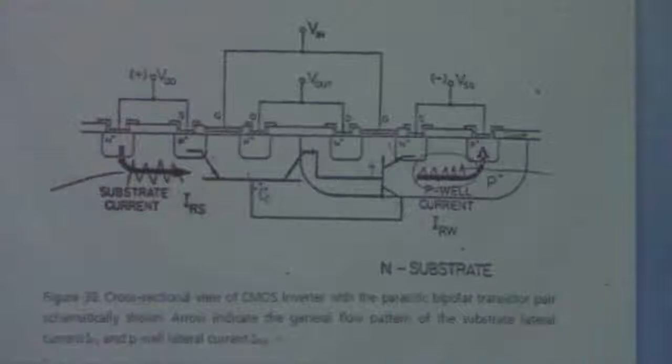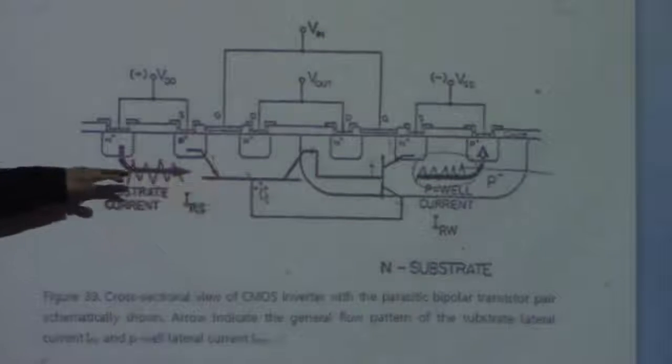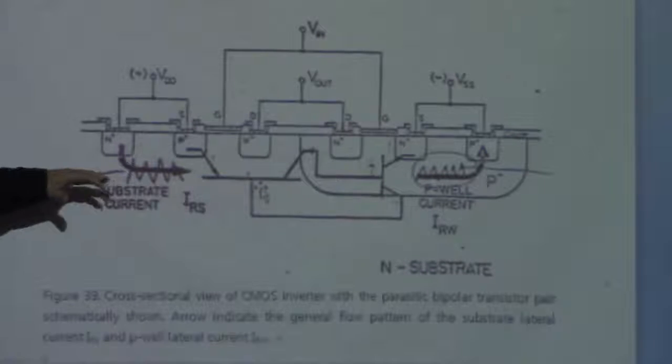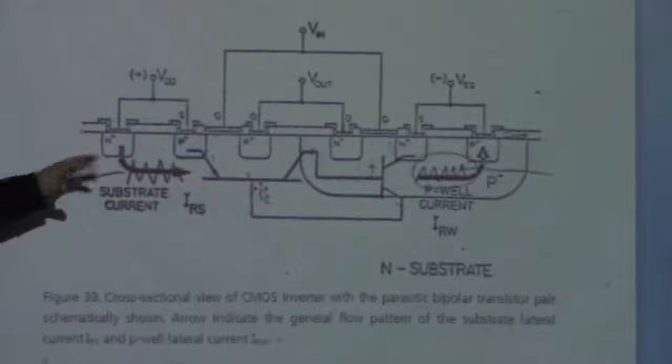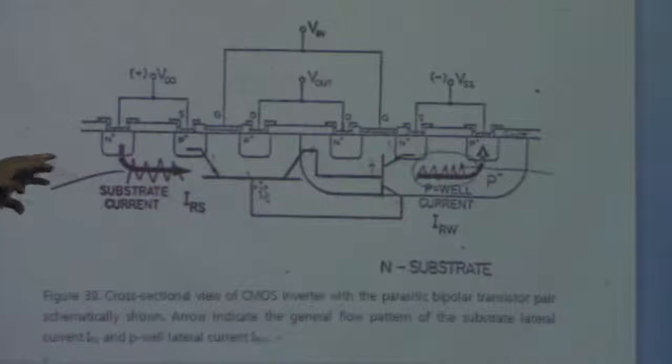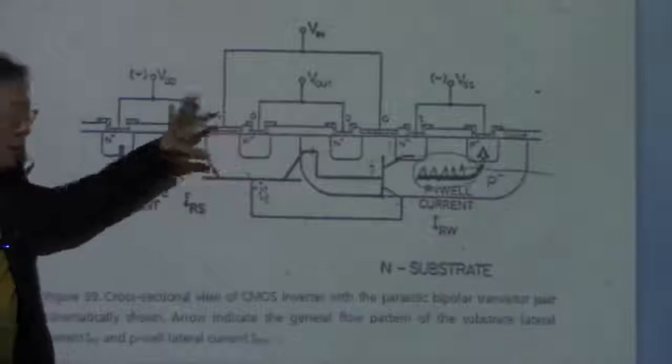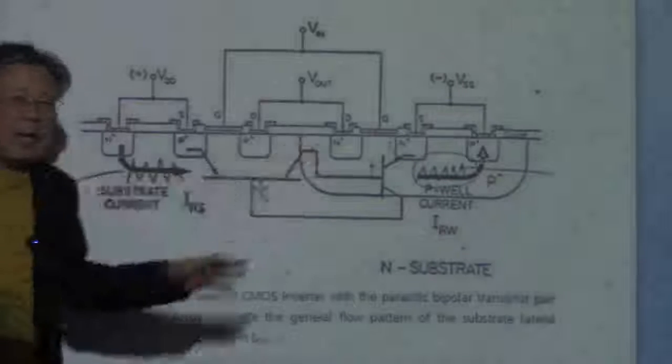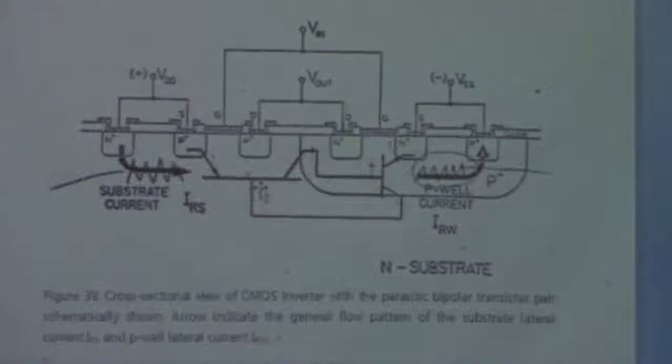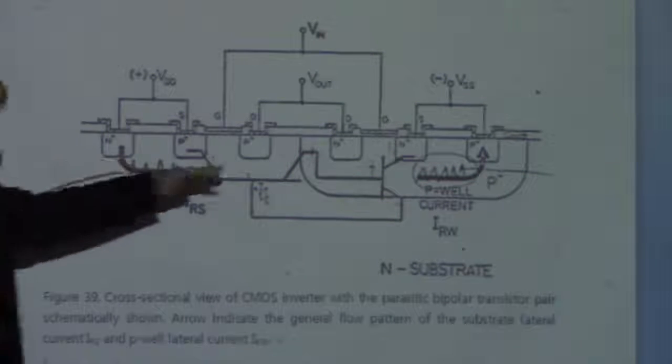So this is not what we want. This is not the current path we want, but it does happen because the NMOS and PMOS are supposed to be built on the same substrate. So this current path is possible.